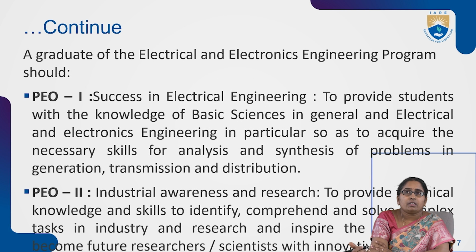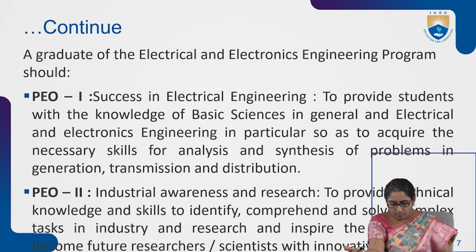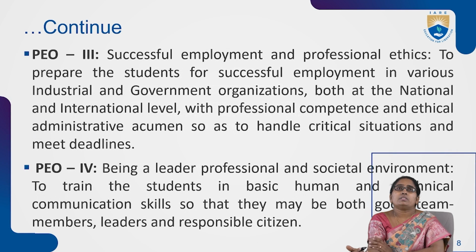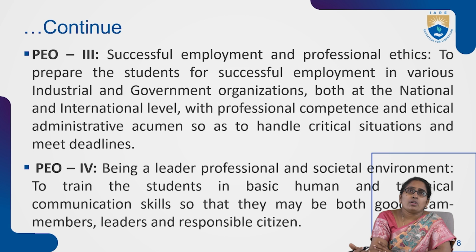For example, in our college, IARE, Institute of Aeronautical Engineering College, the Electrical and Electronics Engineering department has the following PEOs. There are 4 PEOs. The first PEO mainly talks about success in electrical engineering, and the second PEO talks about industrial awareness and research, and the third, PEO3, talks about successful employment and professional ethics.